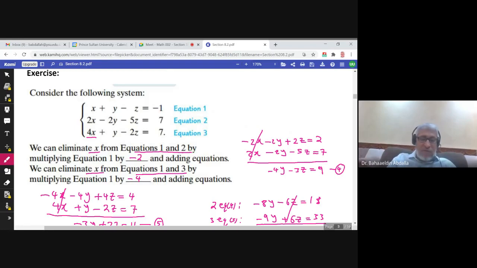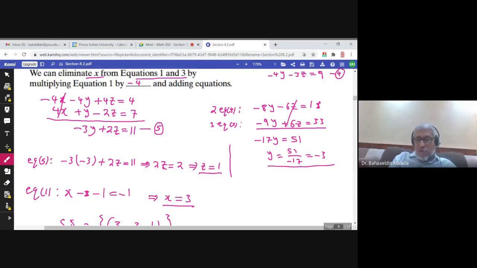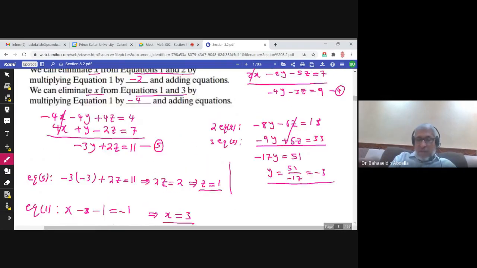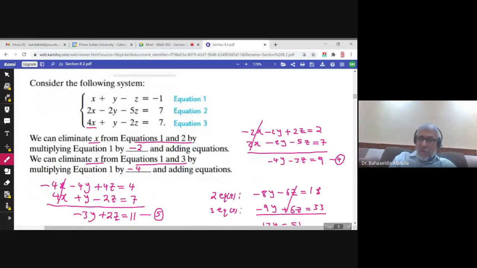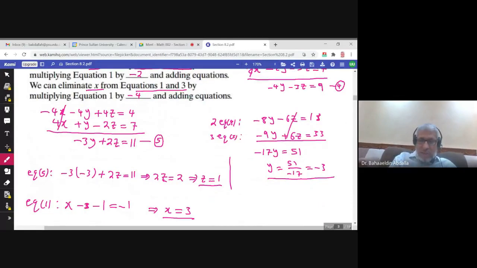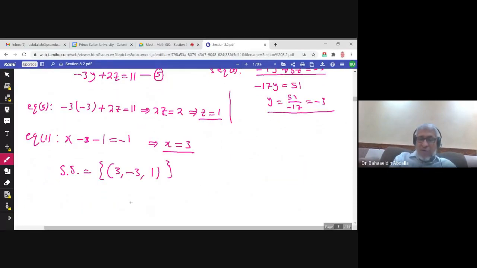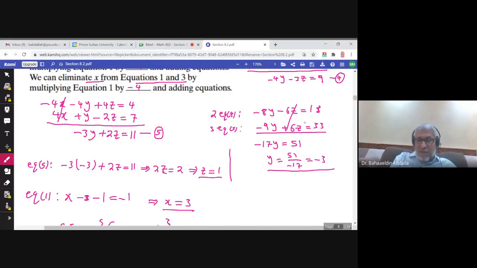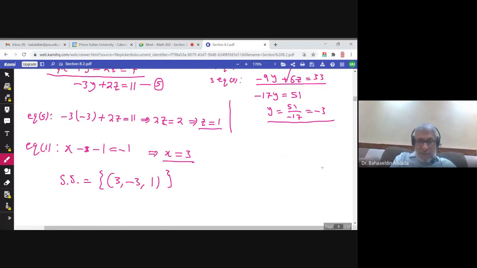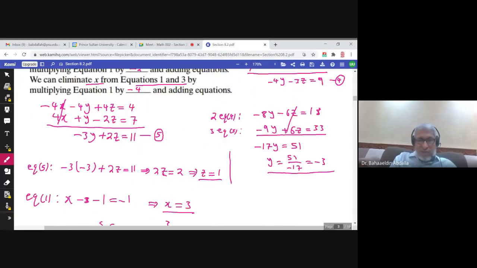And of course, x is 3, y is negative 3, z is 1, so my answer is correct. If this comes in the exam, of course, you have to show all these steps, but it's better for you to have the solution in front of you. So if you get, for example, in the first step, that y is not negative 3, you know that there is a mistake, and you try to find your mistake and correct it.